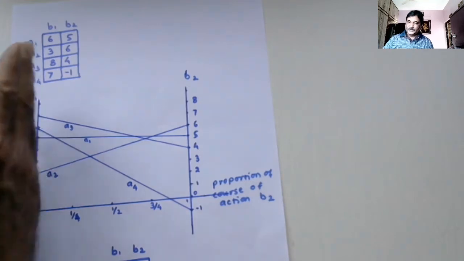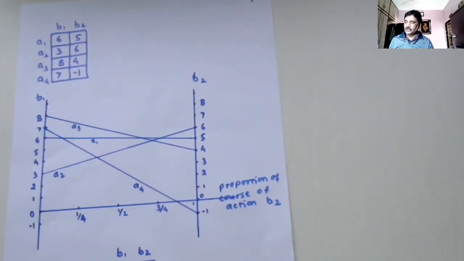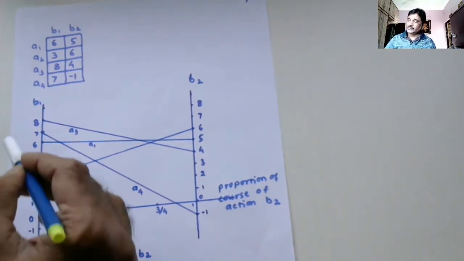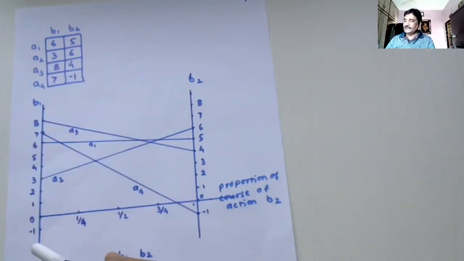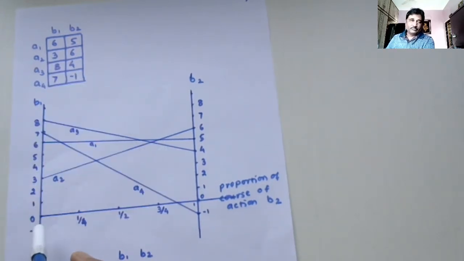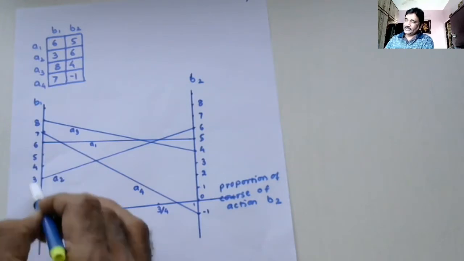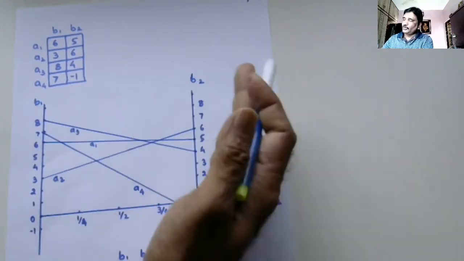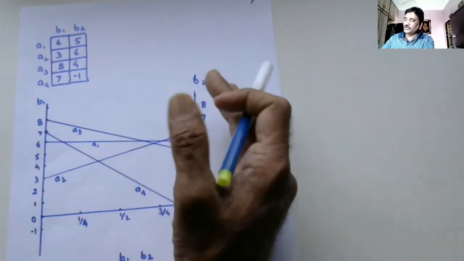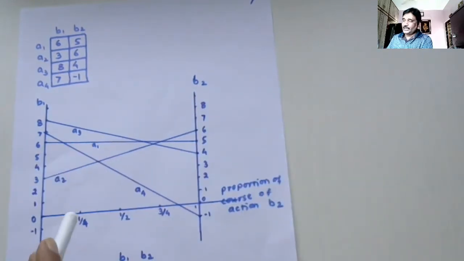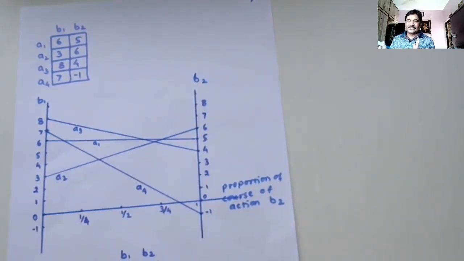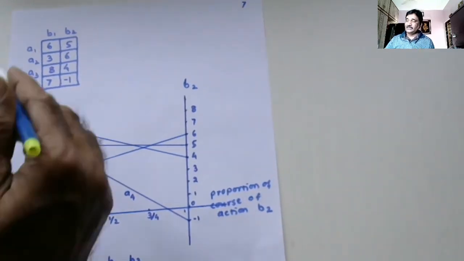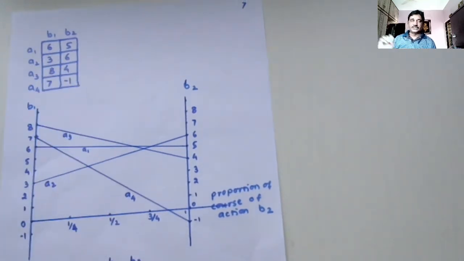And these vertical lines are labeled linearly from minus 1 to maximum 8, on both the B1 axis and the B2 axis.